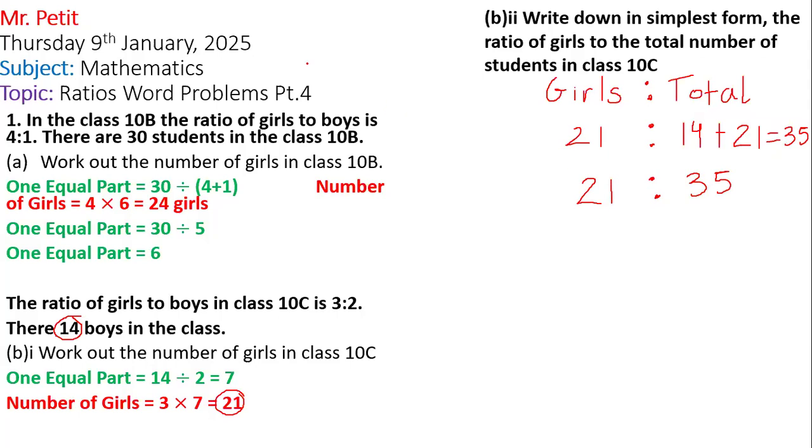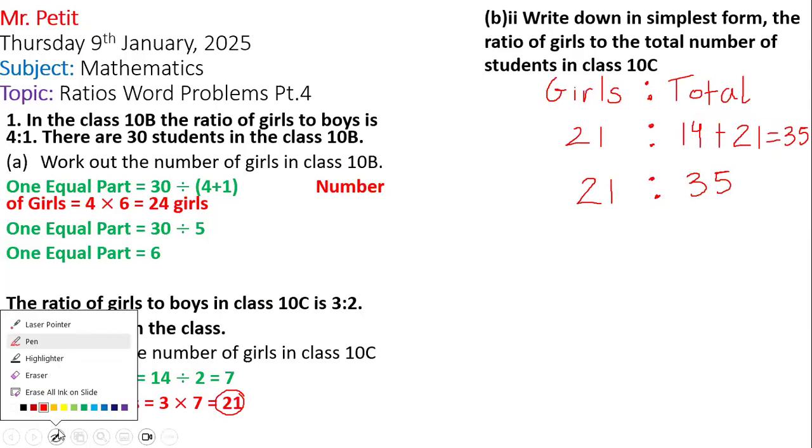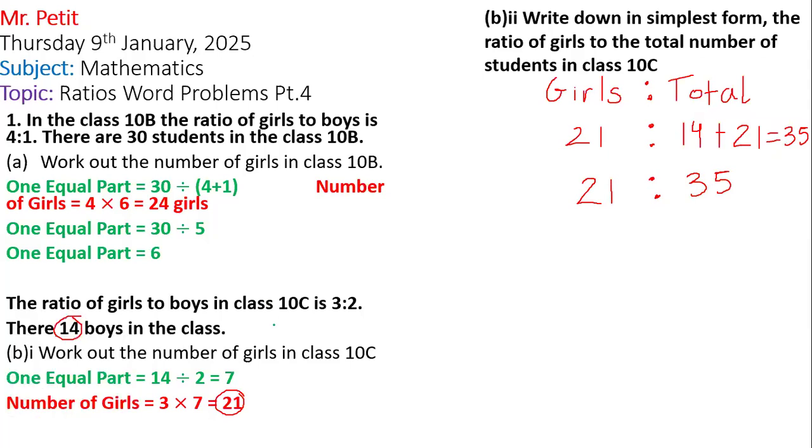All right, next, how are we going to simplify this? What number are we going to use to simplify this? Divide top and bottom by 7, both sides. So divide this by 7 and divide this by 7, and you get 3 and 5.